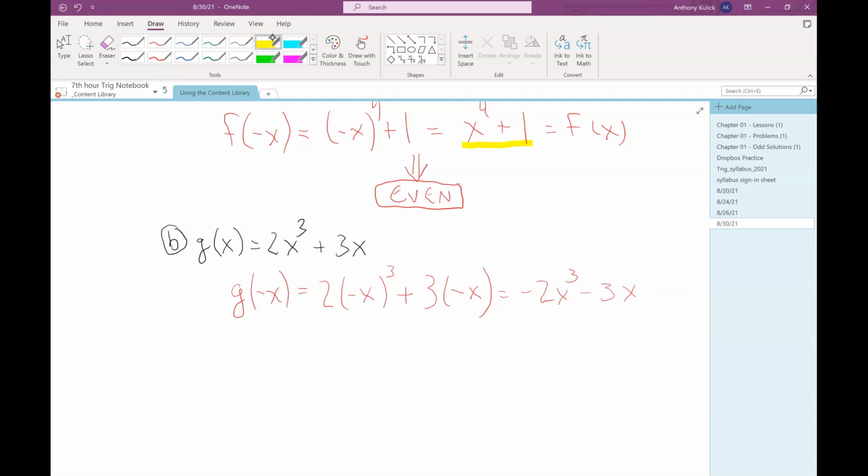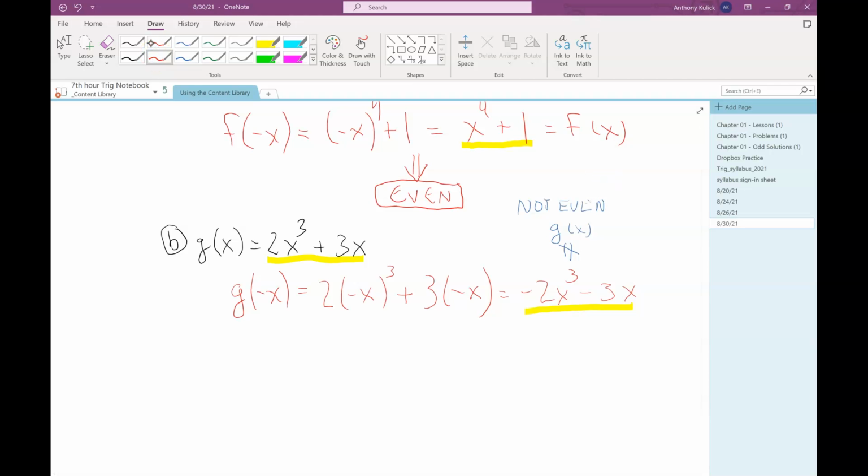Okay. So I'm done with my simplifying. Let's compare this to the original. Are those the same? No. So what does that tell me? It's not even.